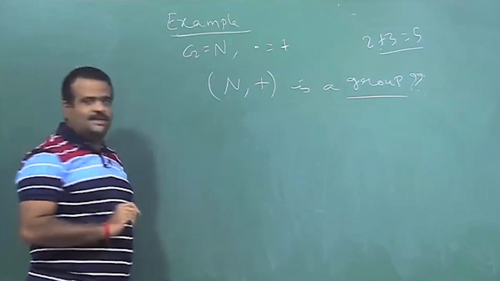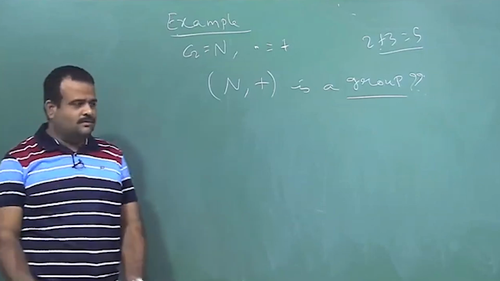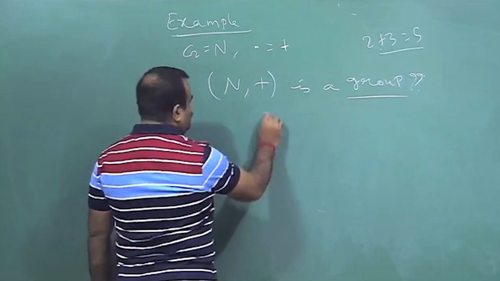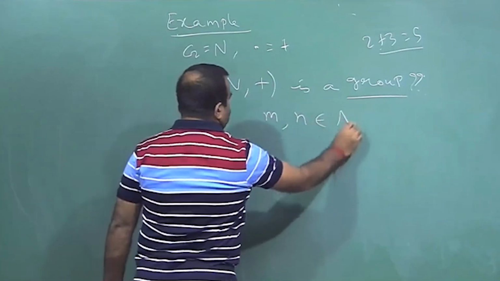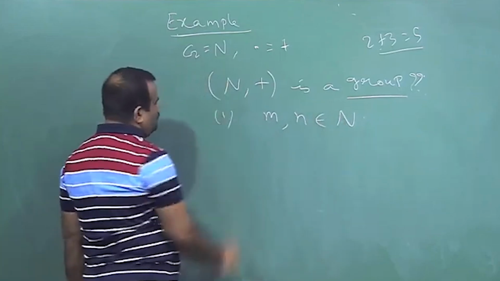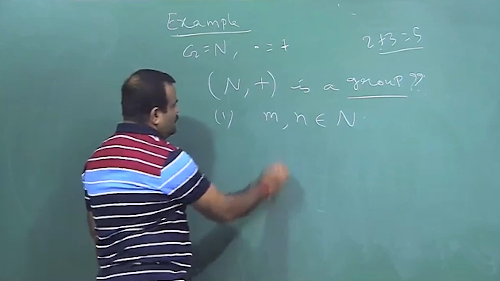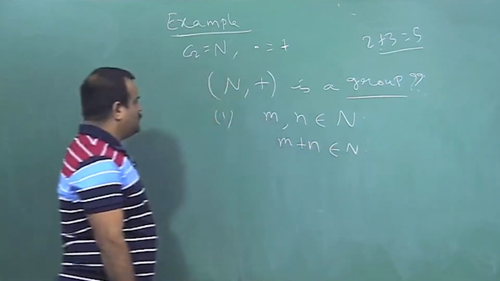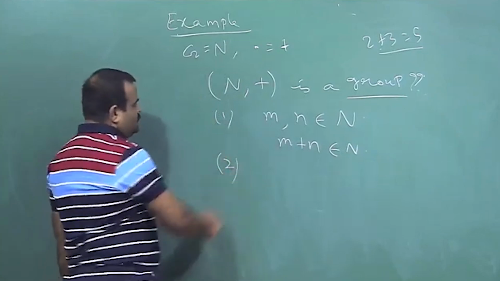Now, let us check whether it is satisfying all the properties we have. Okay, so if you take 2 natural numbers, say m and n, first we have to check the closure property. Let us take 2 natural numbers m and n. So, m plus n is also a natural number. So, closure property is okay. Now, associativity.